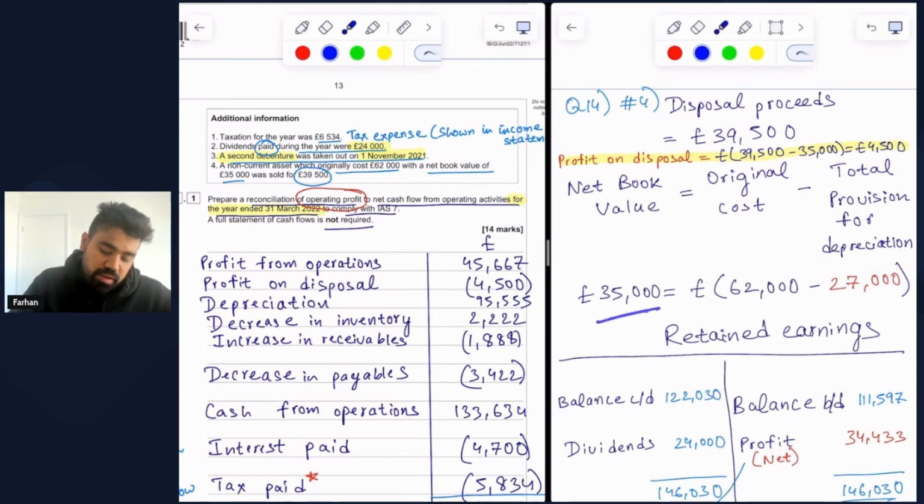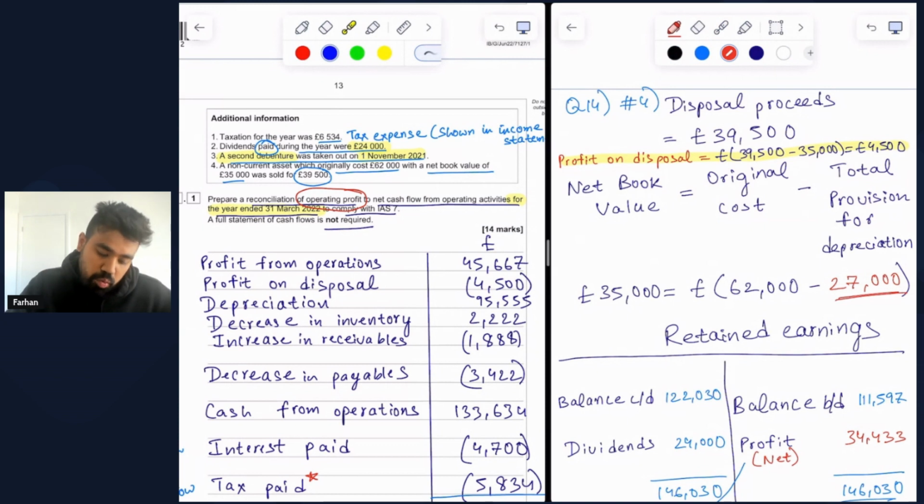The original cost is given to us as £62,000 for the asset that we have sold. So, logically speaking, the total provision for depreciation must be £27,000. So when we subtract that from the original cost of £62,000, we arrive at the net book value of £35,000. So this is one piece of information that we will need later when we prepare the reconciliation. So we'll just skip it here for now.